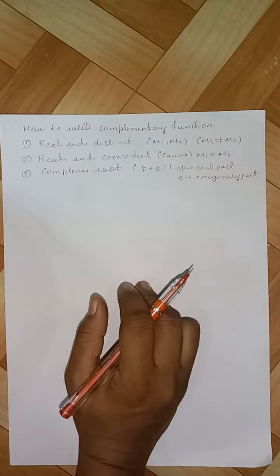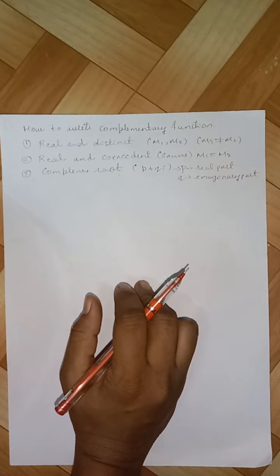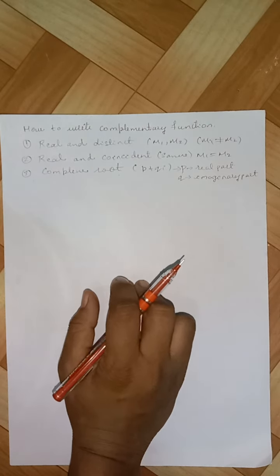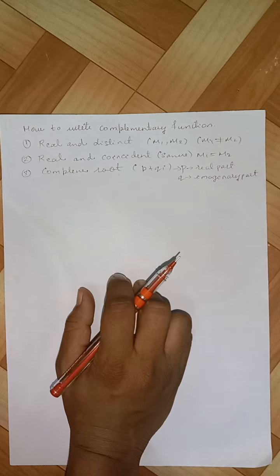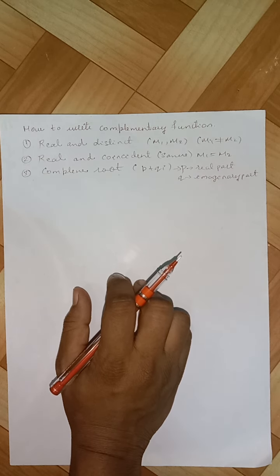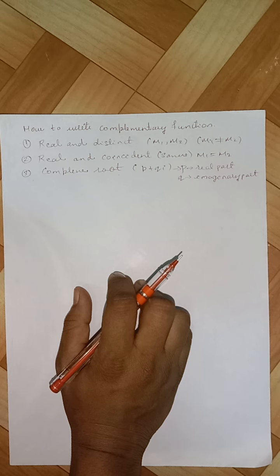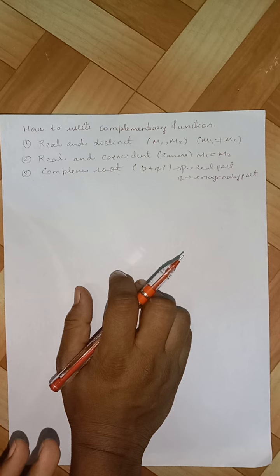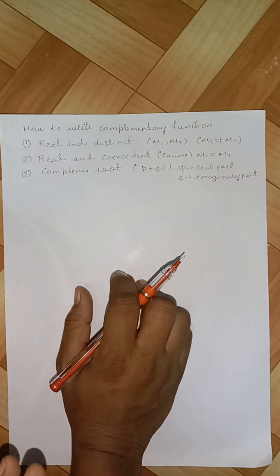So it is very important, first of all, to find the roots and then based on the type of the root to write the complementary function. So if this basic concept is clear to all, you can tackle all the problems based on this module easily. So whole module is depending on this basic concept.